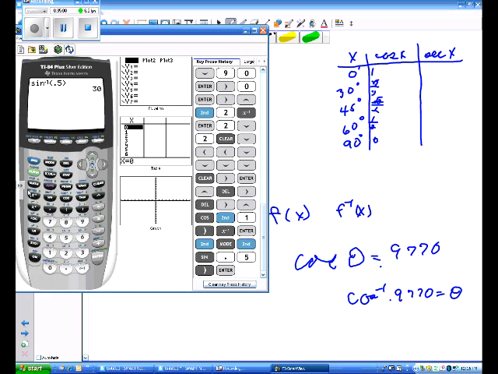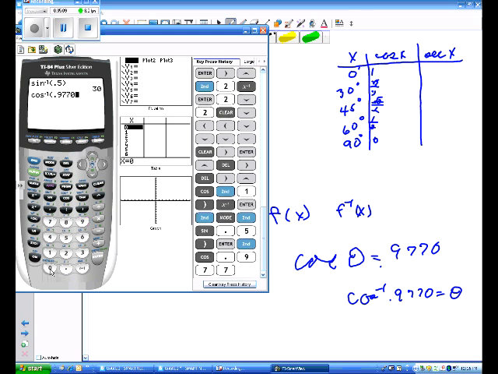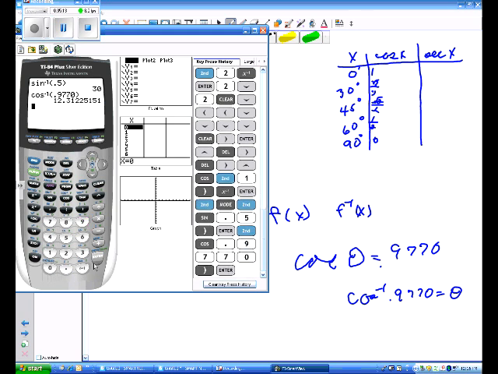Well, we go to our calculator and we would do second cosine 0.9770, enter, and it gives us that it's 12 degrees and then we've got this long decimal.